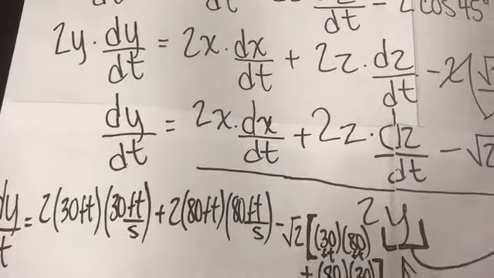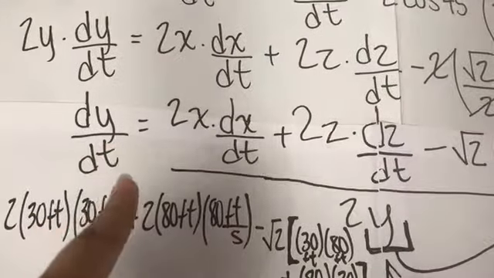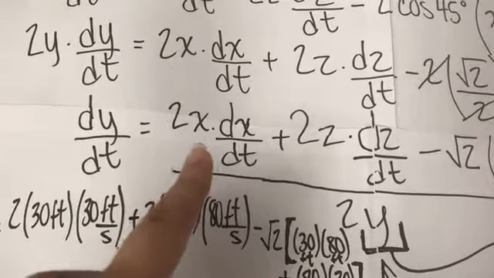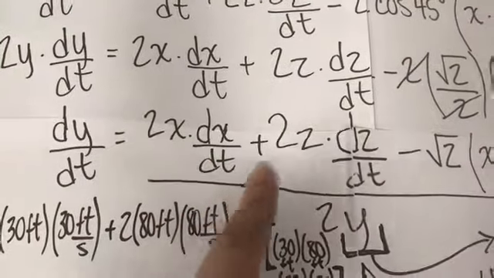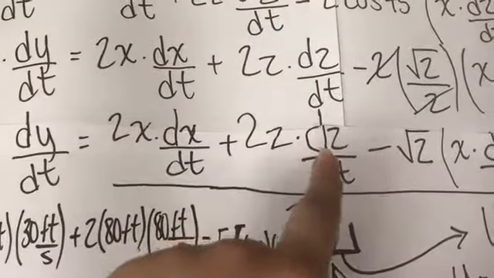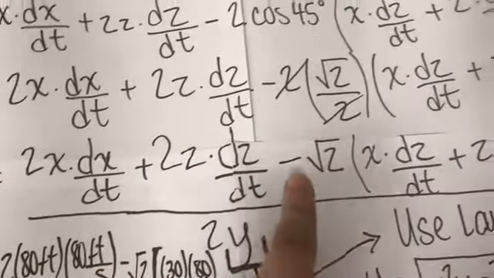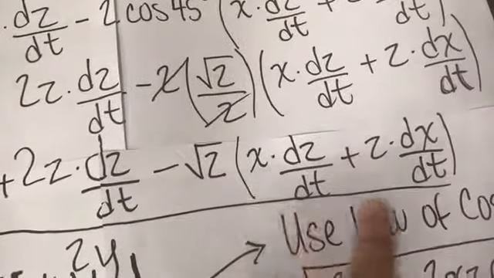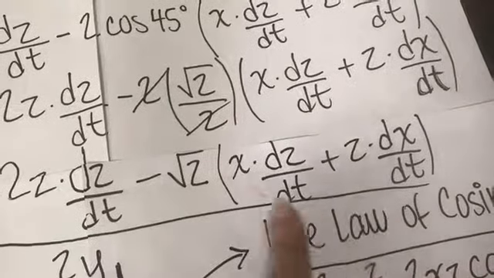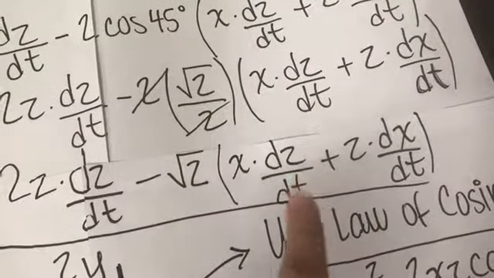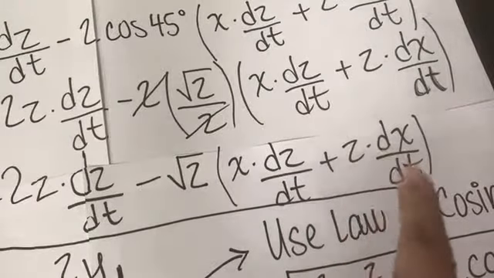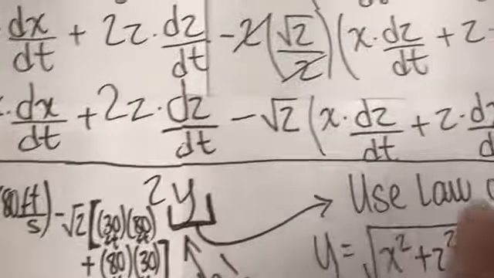We will finally have dy over dt is equal to 2 times x times dx over dt plus 2 times c times dc over dt minus square root of 2 times the product rule of x and c, which is x times dc over dt plus c times dx over dt, all over 2y.